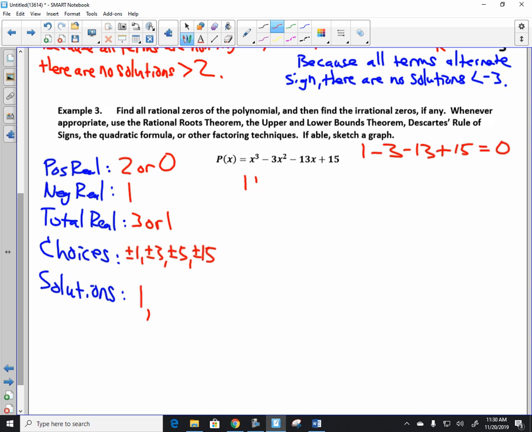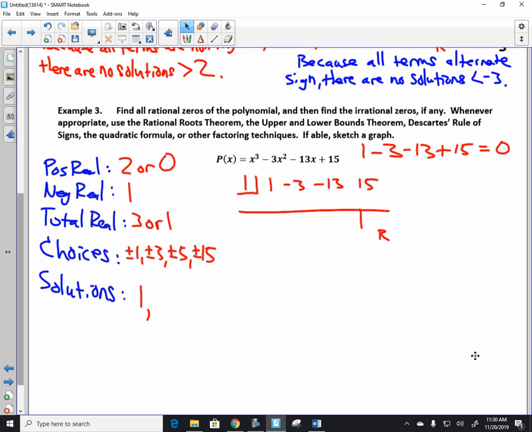I divide it in. Drop the 1. Multiply. Add.